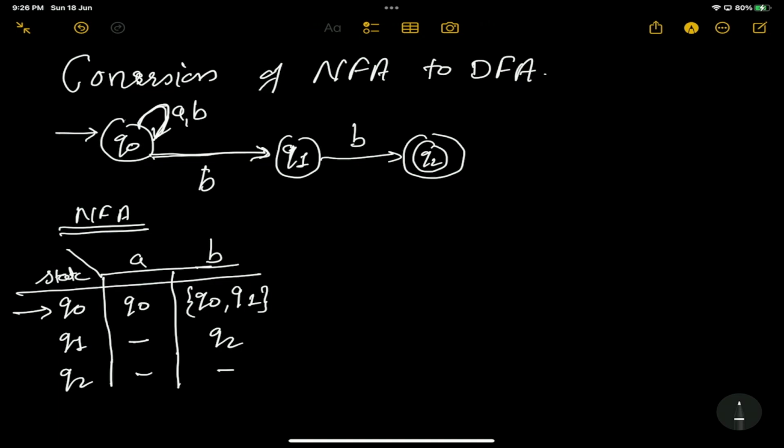Now for conversion of NFA to DFA, the initial state of DFA is the same as that of NFA.